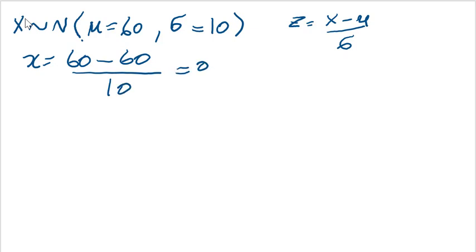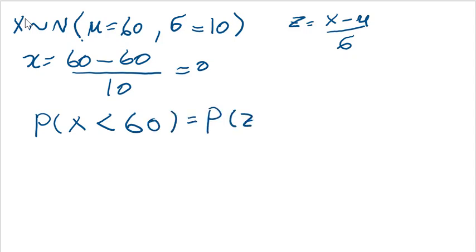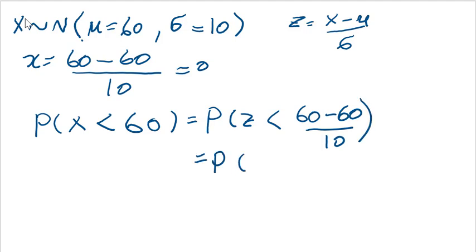All right. Then in part B1, it says, what's the probability of x less than 60? So you want probability of x less than 60, which is equal to probability of z less than 60 minus 60 divided by 10, which is probability of z less than 0.